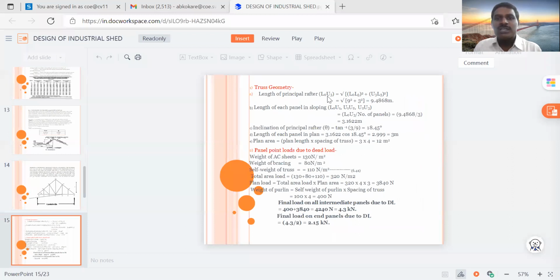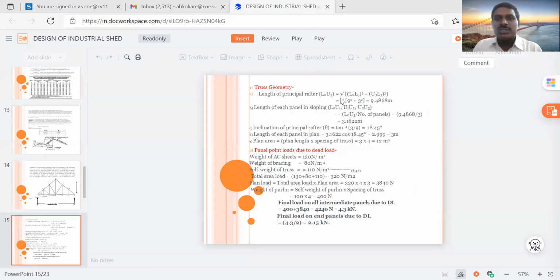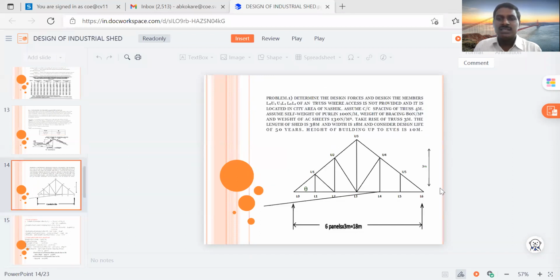So L0 U3 is the inclined length, equal to under root of L0 L3 square plus U3 L3 square. This is a right angle triangle, L0 U3 L3.